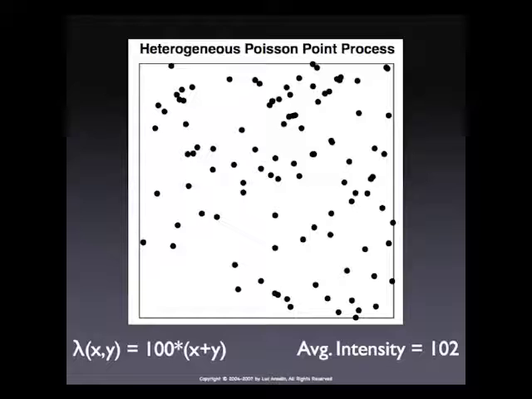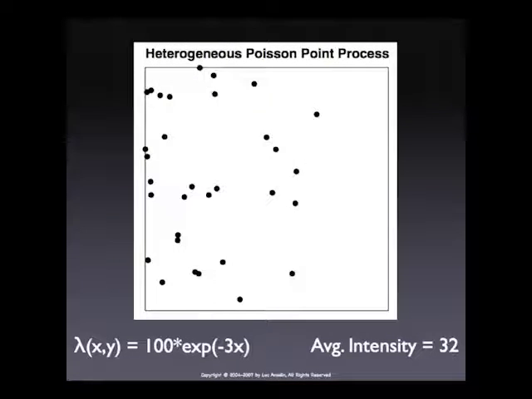Another one that illustrates this is now one-dimensional. So here I have a negative exponential in x. What does that mean about the intensity? Does it increase or decrease as we move to the left? Decreases, right? X grows, negative exponential of a bigger number is a smaller number, so the intensity of this process goes down as we move in this direction.